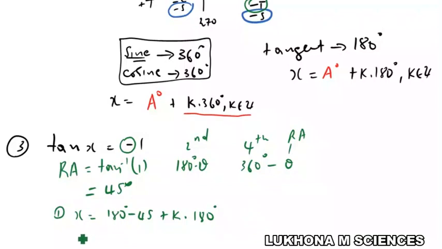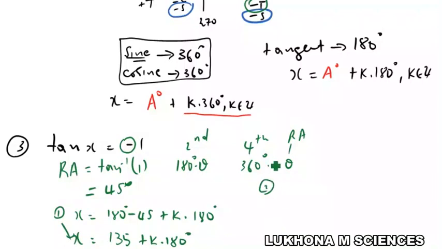Because the period for tan is 180, therefore x is equal to 180 minus 45, which is 135 plus k times 180. That is the first solution.